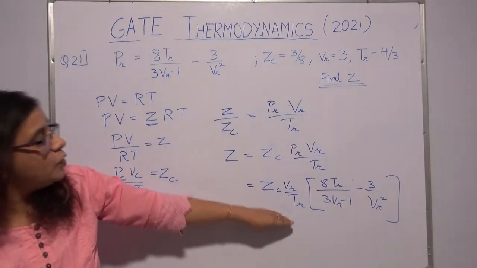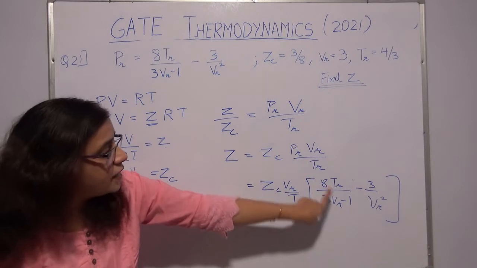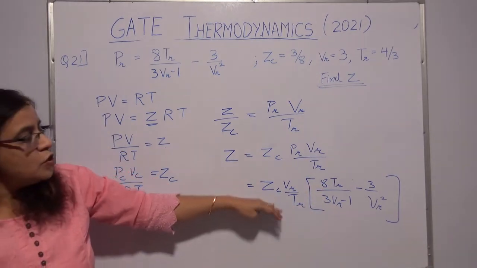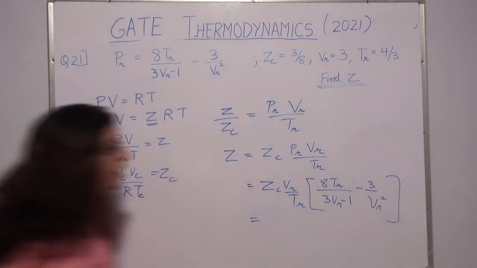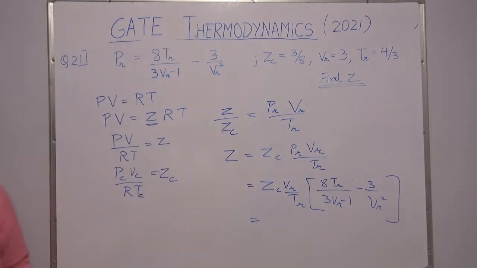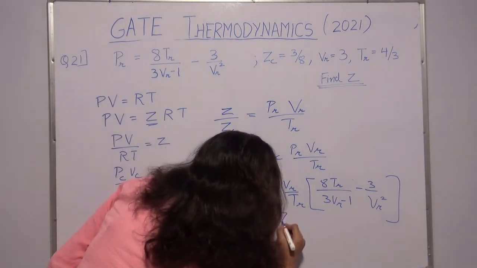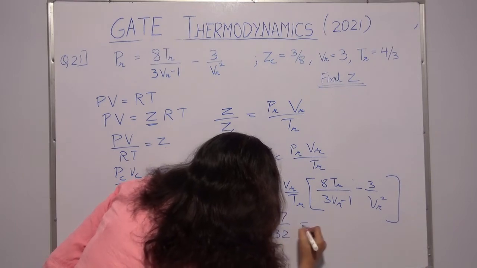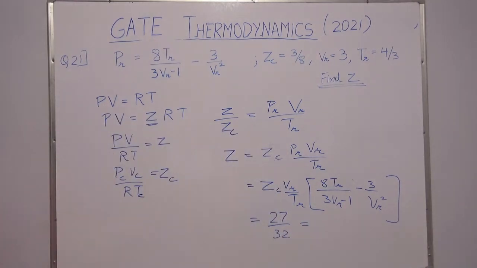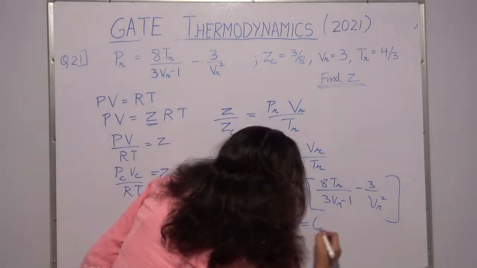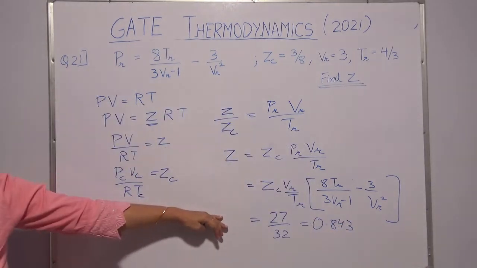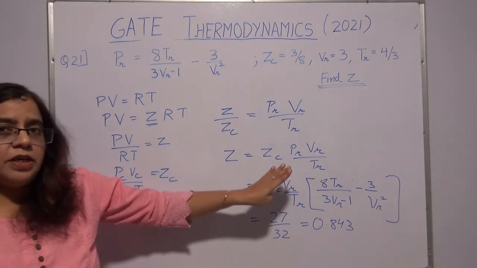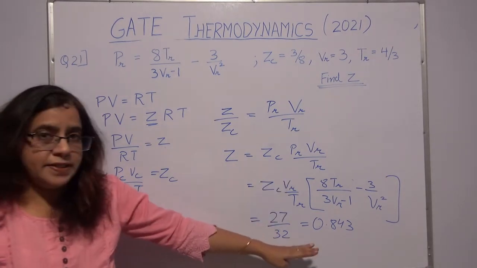In this equation you know everything, because V_R, T_R and Z_C are given. So put everything in this equation and simplify, and the answer you will get is 27 by 32, or the answer given in the key is 0.843. It's a very simple question. Do this mathematical manipulation on your own and you will get this answer.